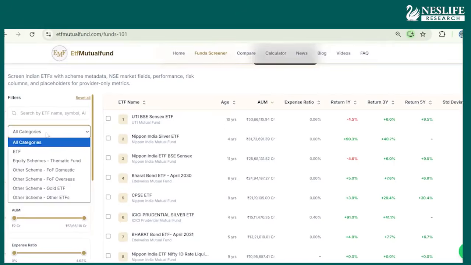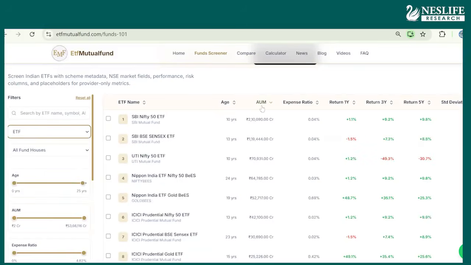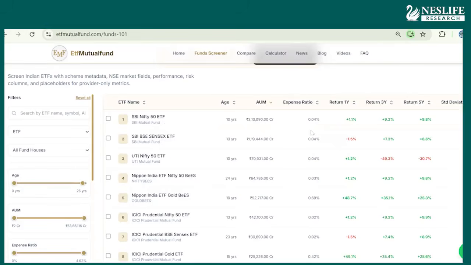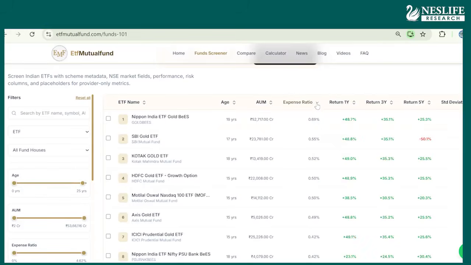Let's go to the category of ETF, and let's select. See now here, AUM is 3,436 crores. Here it is higher. Expense ratio: when you search, the lower the expense ratio, the better.